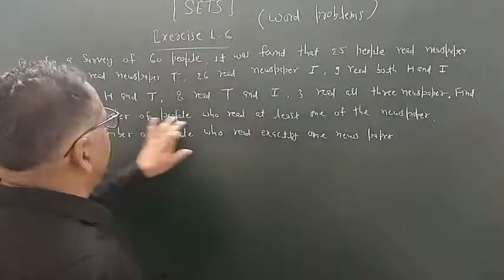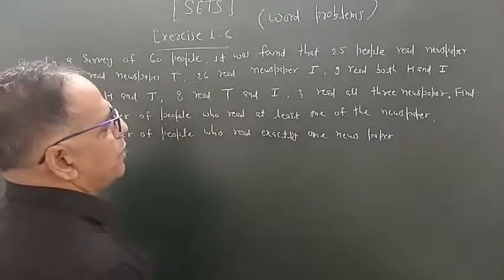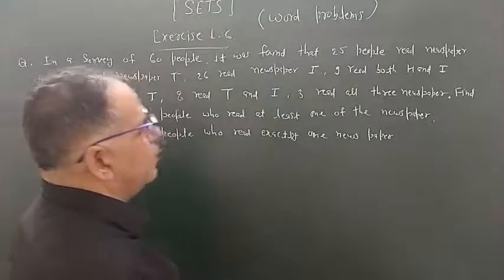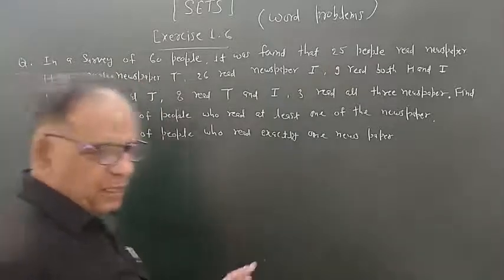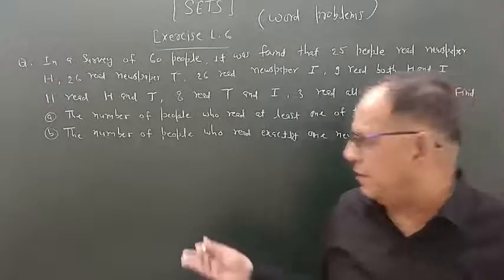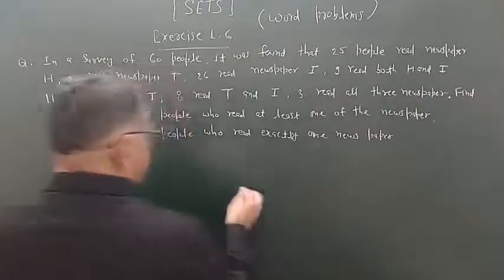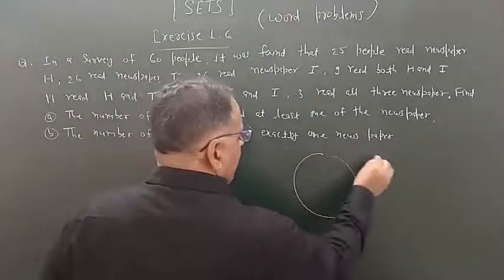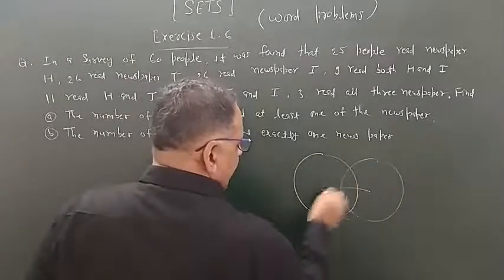Find the number of people who read at least one newspaper, and the number of people who read exactly one newspaper. Here are the formulas, so you can easily solve by the formula method. I am taking the Venn diagram method to solve this question.